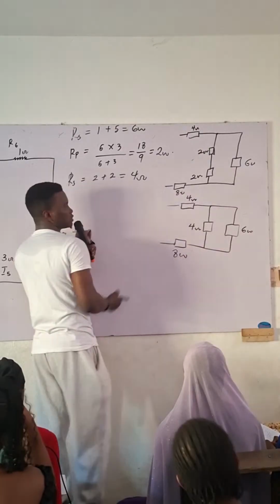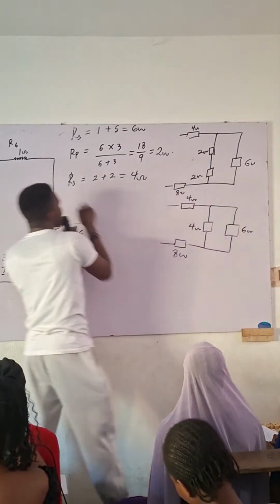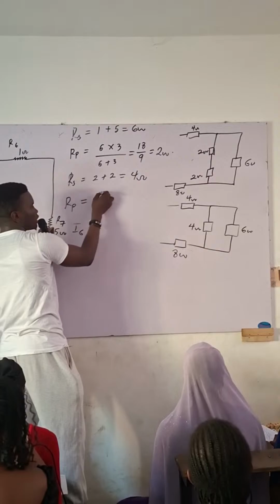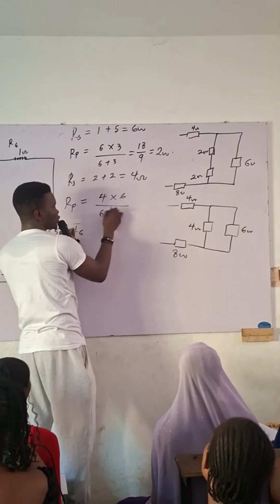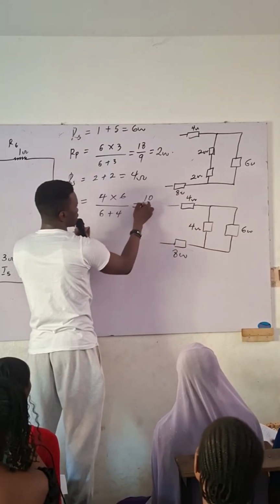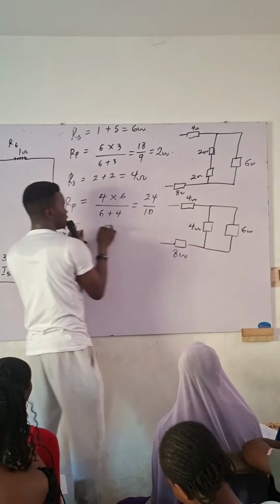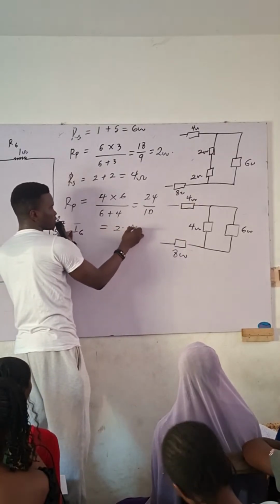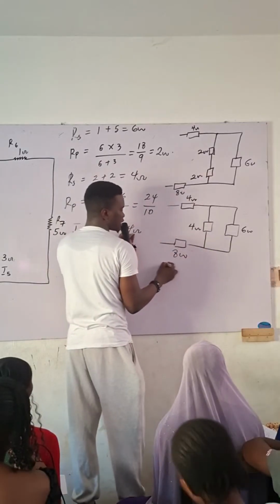So I can now do these two guys in what? So I can do our parallel. 6 over 6 plus 4. And that would be what? 24 over. And that would be what? Abby? So that means I've reduced this now.